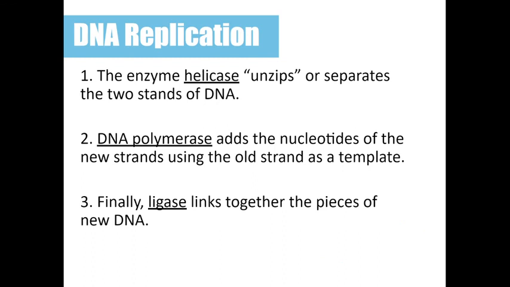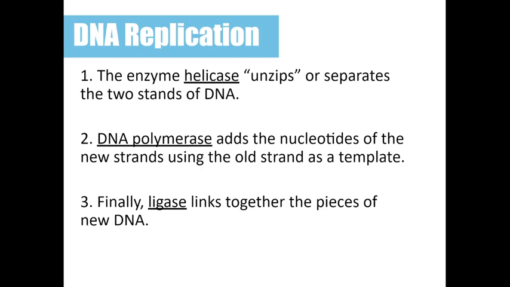Now, the enzyme helicase unzips or separates the two strands of DNA. Like when you're unzipping your jacket at the end of the day, you are bringing the zipper down to make two separate parts instead of having one united zipper. That's how helicase works. It is unzipping those two strands of DNA.